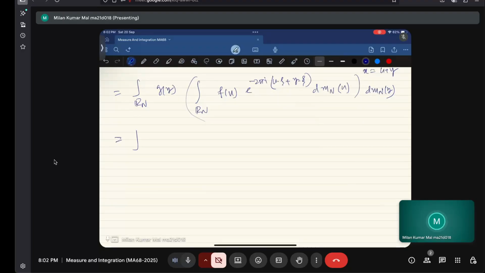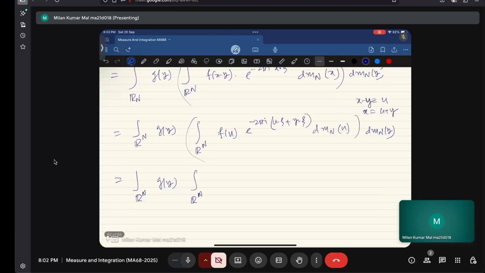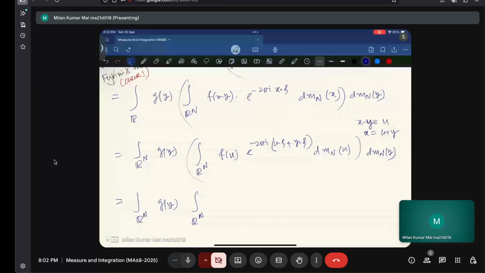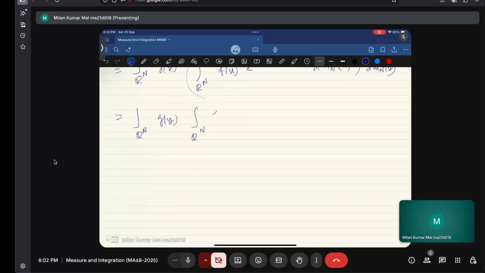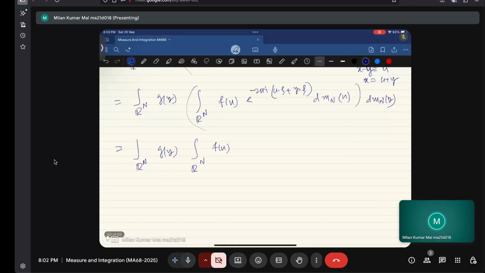So now this can be written as the integral over R to the power n of g of y, times the integral of f of u, e to the power minus 2 pi i u dot xi, dmn u, whole into e to the power minus 2 pi i y dot xi, dmn y.